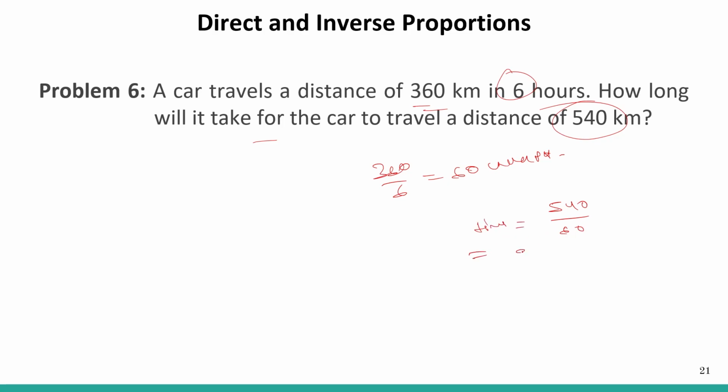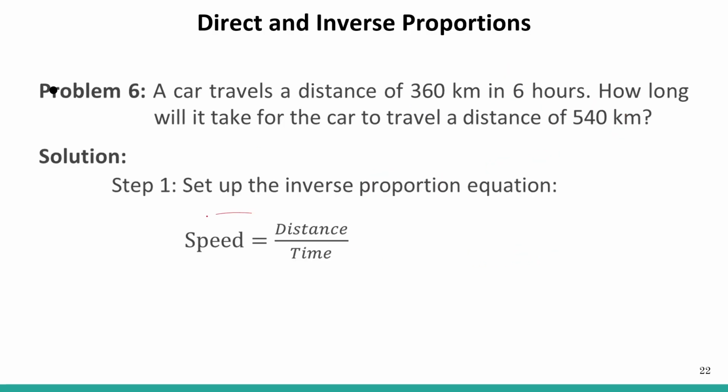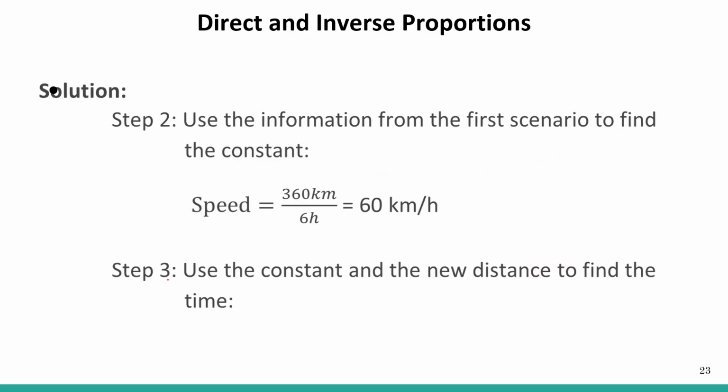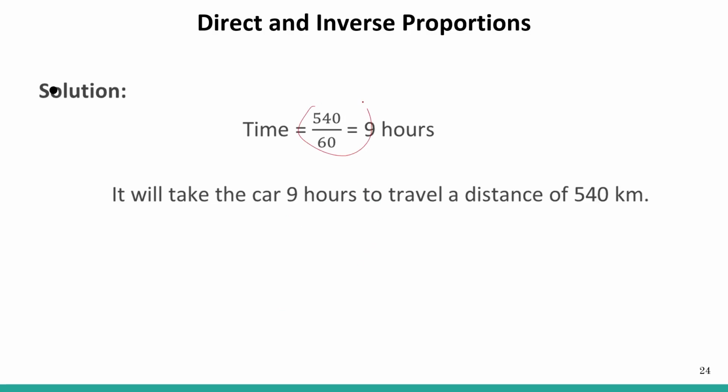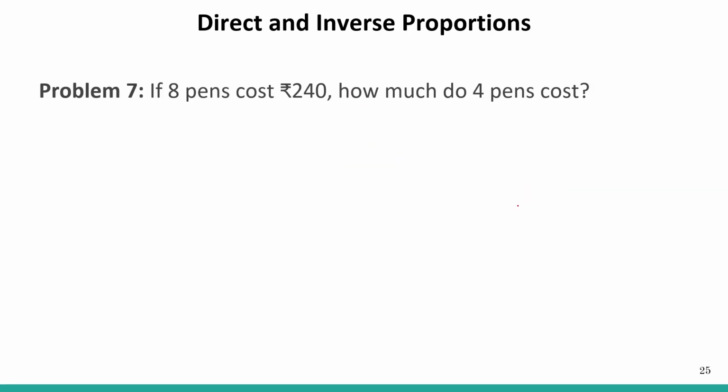So this will be 9 hours. Speed is equal to distance by time, as we all know from 12th class. Using the constant speed and the new distance to find the travel time, 540 by 60 is equal to 9 hours. So it will take the car 9 hours to travel a distance of 540 kilometers.